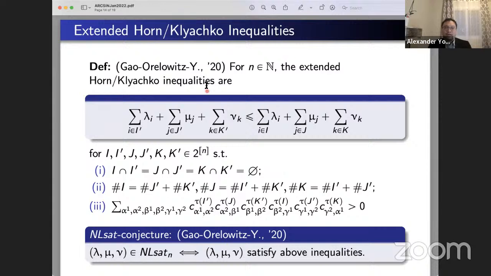And therefore, this depends not on NL coefficients being non-zero, but on some sort of extended NL coefficients being non-zero. Our conjecture was that you are in NL sat if and only if you satisfy these inequalities. So this conjecture would be the analog of Klyachko's theorem.